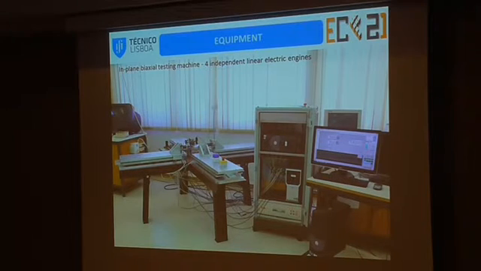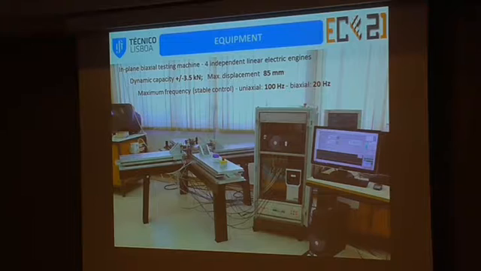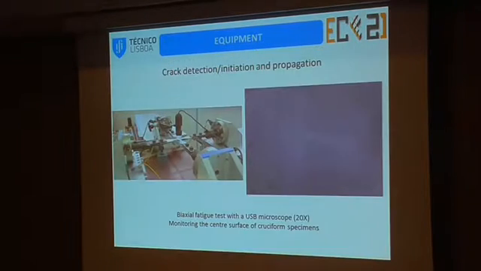Our machine is a biaxial testing machine with four linear independent motors with a dynamic capacity around plus or minus 3.5 kilonewtons and a maximum displacement of 85 millimeters. The maximum frequency in uniaxial we can achieve is 100 Hz, and in the case of biaxial we achieve 20 Hz.